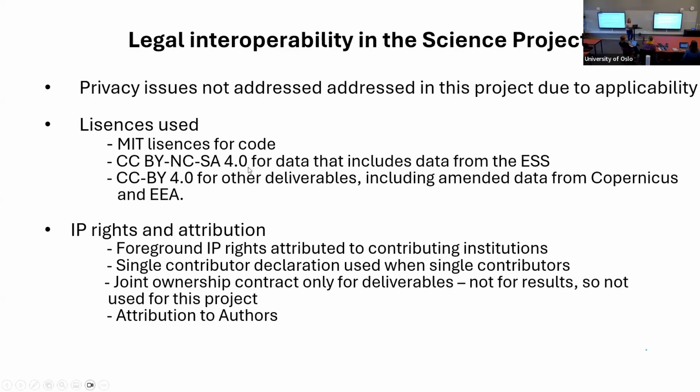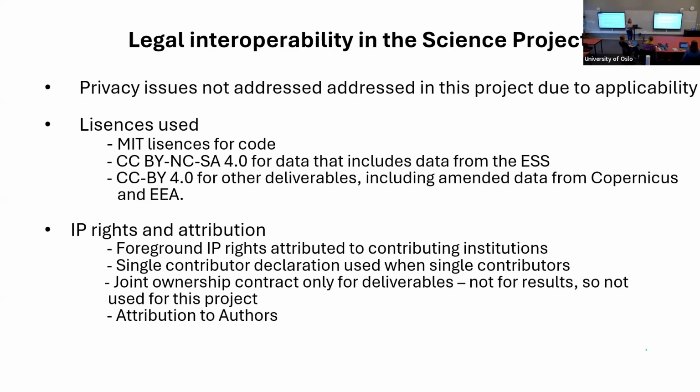But we had a dispute again with the ESS team because they have non-commercial share alike, and non-commercial puts a limitation on it. So there again, it wasn't perfectly interoperable, and we had to document that separately. And for that, it would have been nice to have a standard vocabulary that you could put. And I know in work package 6 in FAIR Impact, they have been working further on that about legal interoperability.